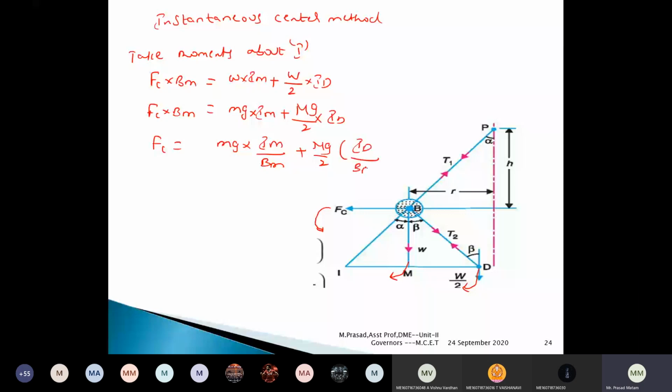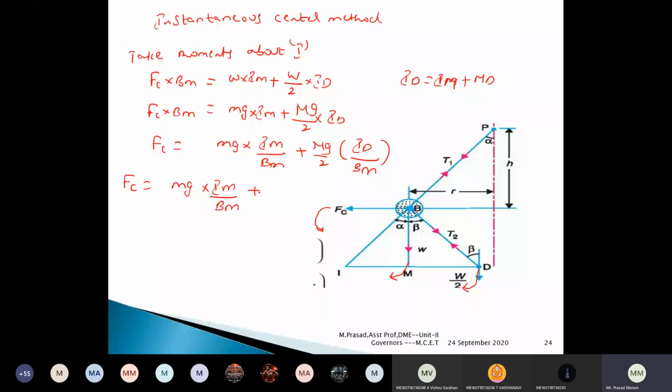Now what is this Id? Id is nothing but the combination of Im plus Md. I can show here, Id is equals to Im plus Md. The same I'm substituting here. Fc is equals to mg into Im by Bm plus mg by 2.